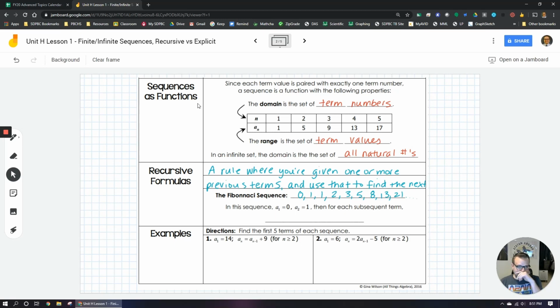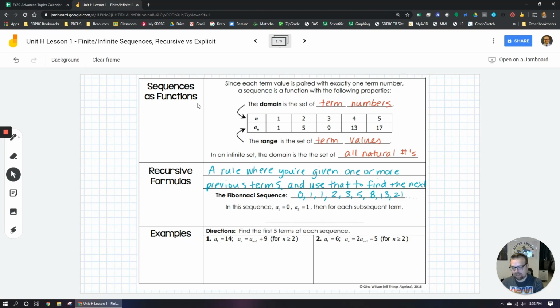So in the Fibonacci sequence, the first term is 0, the second term is 1, and then for every term that comes after that, the previous two terms are being added in order to find that next term.